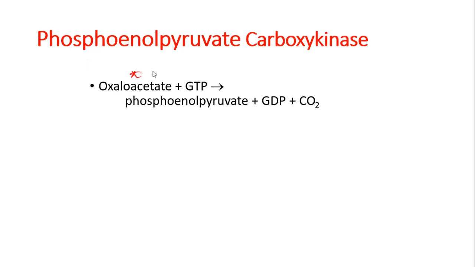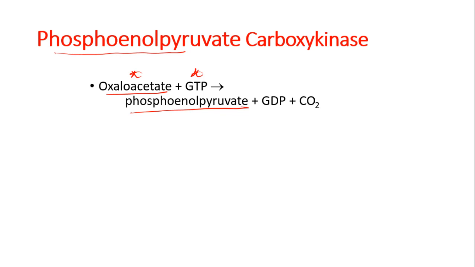When this one reacts with that one, it's going to give us phosphoenolpyruvate plus GTP plus carbon dioxide. So this enzyme will just help in the reaction of oxoacetate and the GTP.